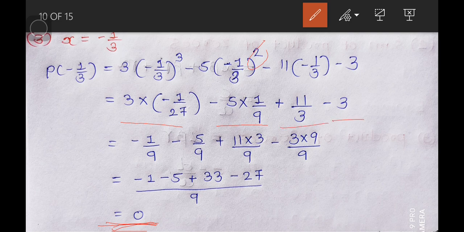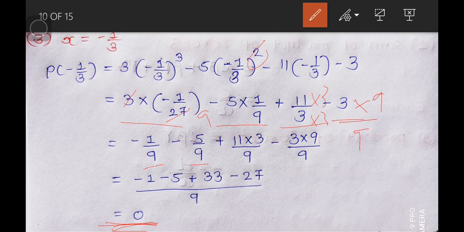and minus 3. Now here 3 nines are 27, so we put here 1, minus 1 over 9 minus 5 by 9, plus 11 by 3. Here we want to make the denominators equal, so we multiply and divide by 3, and here also we multiply and divide by 9.